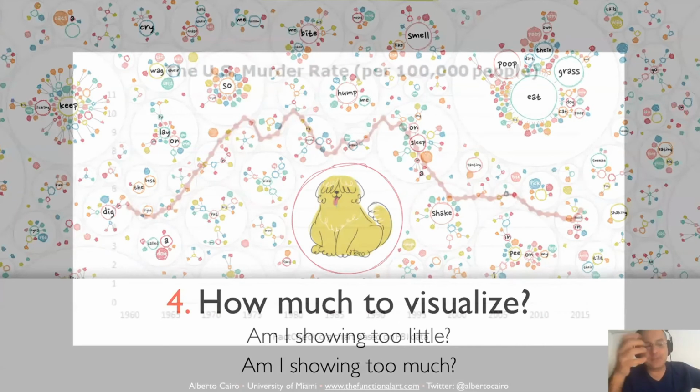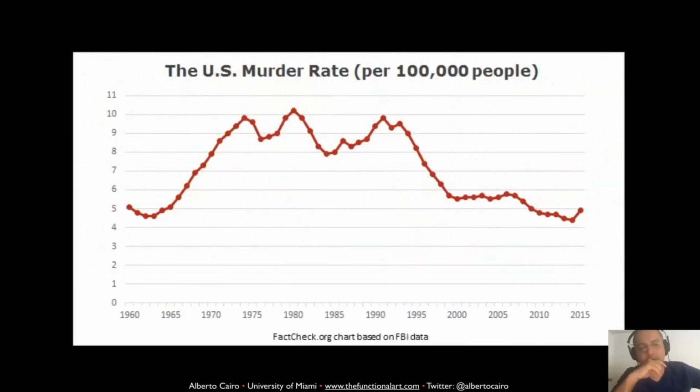And one example that I have used throughout the years is this one of the US murder rate per 100,000 people, right? The murder rate increased in the 80s, came down during the 90s, stayed the same later. And then in the past 3 or 4 years, we see an uptick in the murder rate in the United States. And if we extend this line, the line continues increasing.